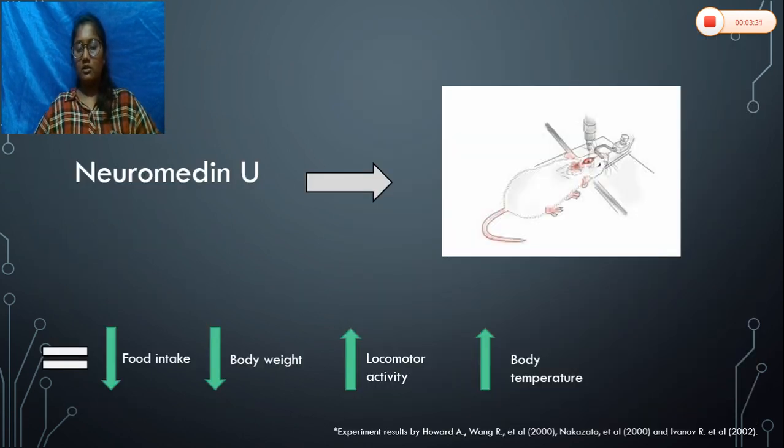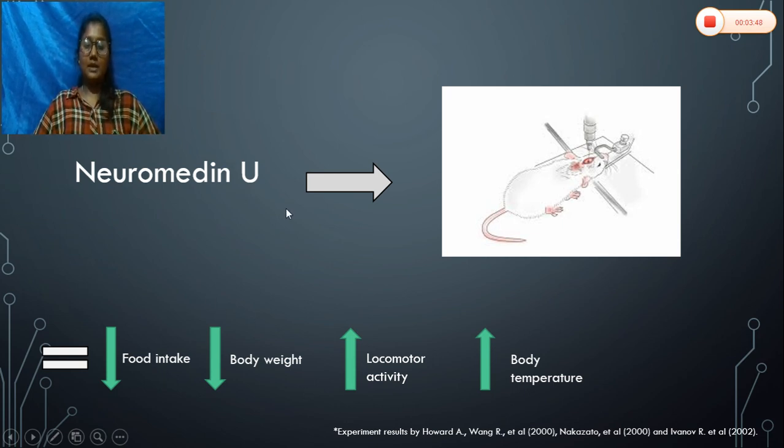Now, the importance of modeling this NMUR2 receptor is that it is claimed as a potential drug target against obesity based on experiments conducted by several scientists. In these experiments, neuromedin U was injected into the cerebrospinal fluid of obese mice.